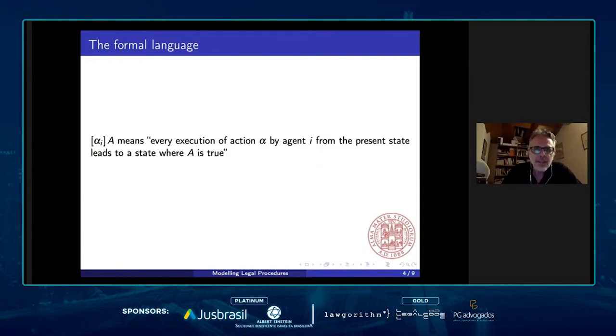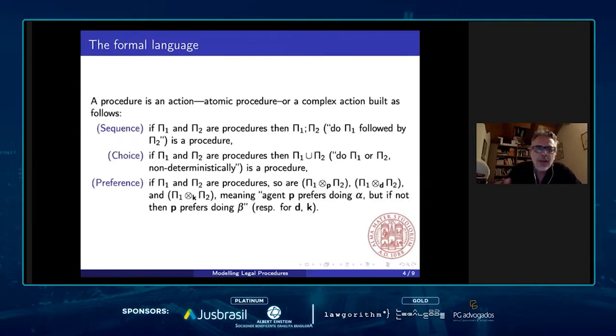So PDL, in the version we use, adopts these expressions. It's basically a modal logic with actions within the box. So box alpha A for agent i means that every execution of action alpha by agent i from the present state leads to a state where A is true. And then we have constructors that are some of the usual constructors of propositional dynamic logic.